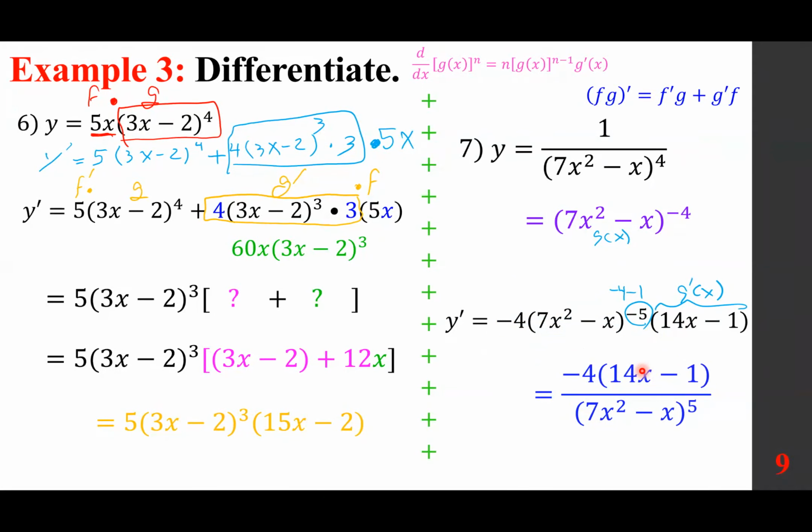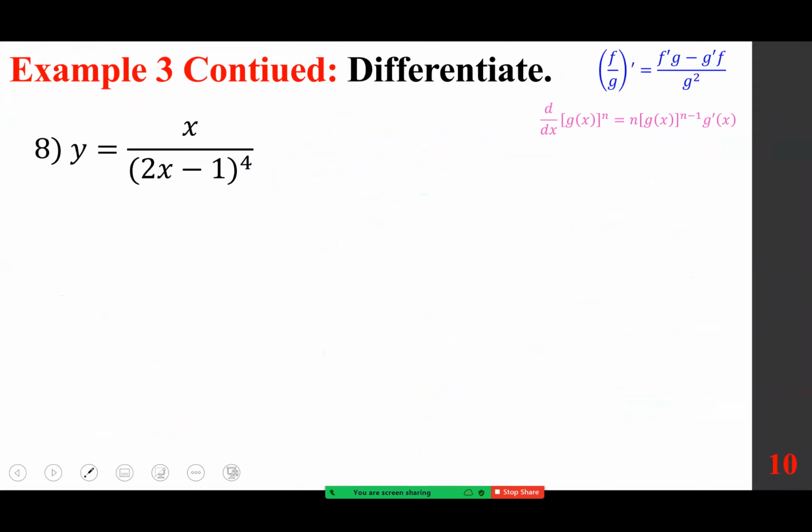Very straightforward class. We want to differentiate this, which means we are looking at a quotient rule to begin with. That's why I'm rewriting the quotient rule for you here, (f over g) prime, shorthand notation, f prime g minus g prime f over g squared.